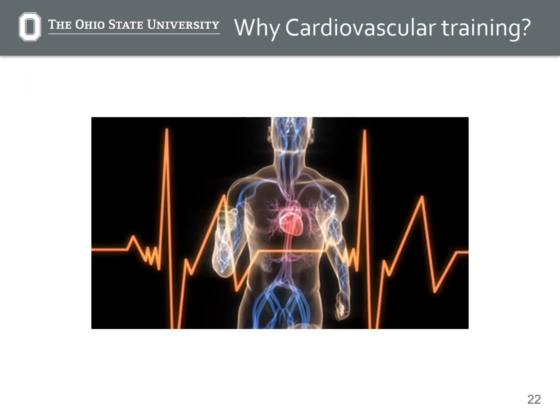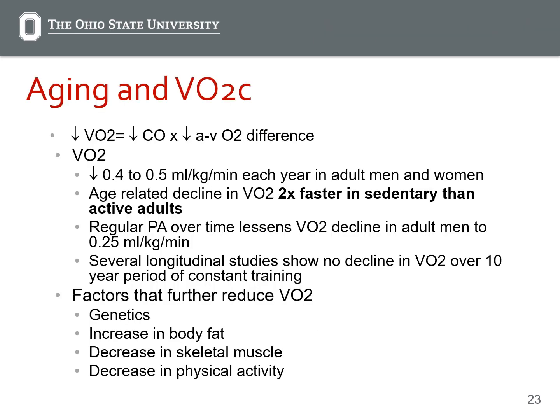So cardiovascular training, we're trying to implement endurance and activities that they're doing at home, up and down the stairs. So it's not really endurance like I'm going to run a marathon, but it might be pertinent to their situation or their current physical fitness level. So aging, again, we talked about this VO2, where there's a decrease in VO2 because we saw a decrease in cardiac output, right? 50% of that coming from the stroke volume, which we talked about before, and then a decrease in that AVO2 difference, right?